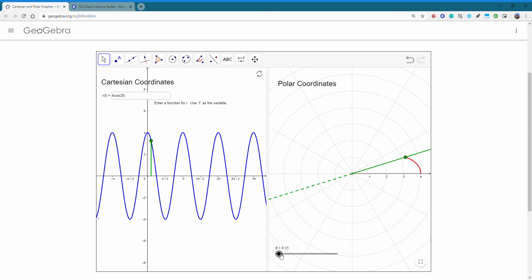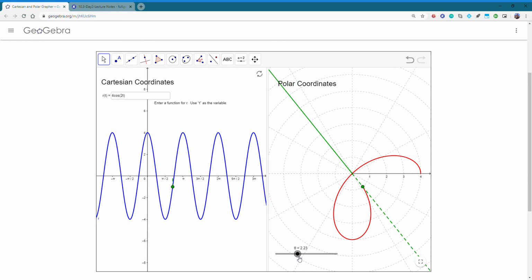So here our r is decreasing down to 0 at pi over 4. Then up to pi over 2, our r is getting more and more negative, down to negative 4. Now as we increase our angle, our r is getting less and less negative until it is 0 at 3 pi over 4.